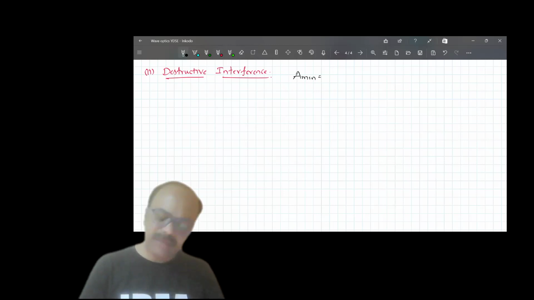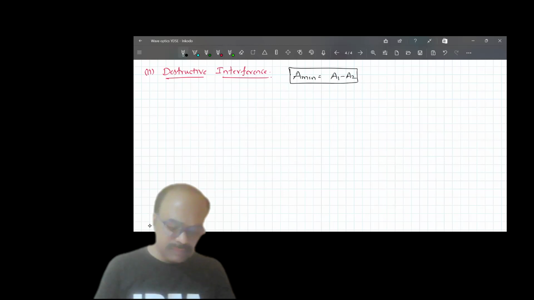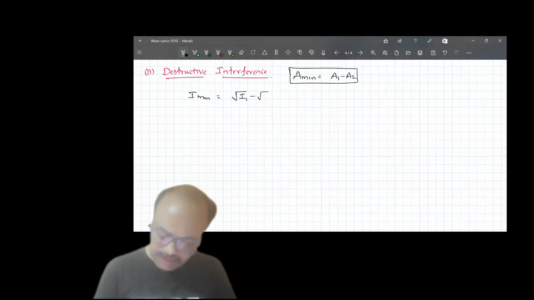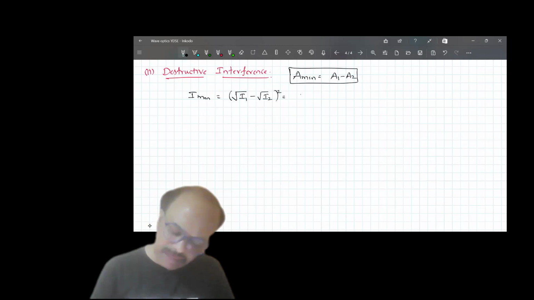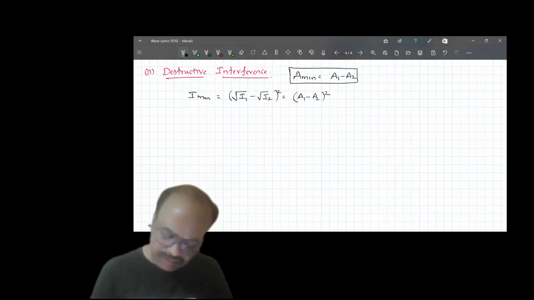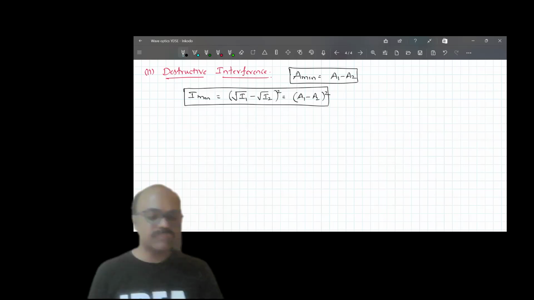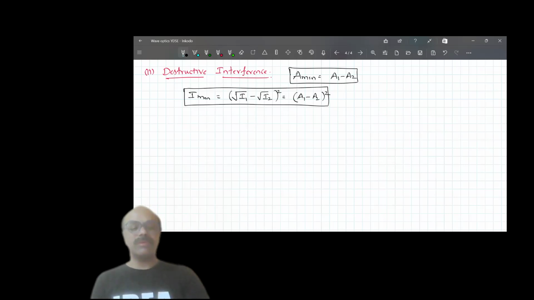A minimum we can write as A1 minus A2. That I minimum we can write root I1 minus root I2 whole square, or else you can write A1 minus A2 whole square.